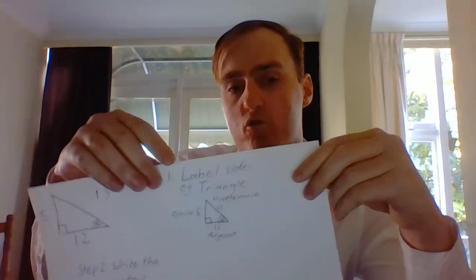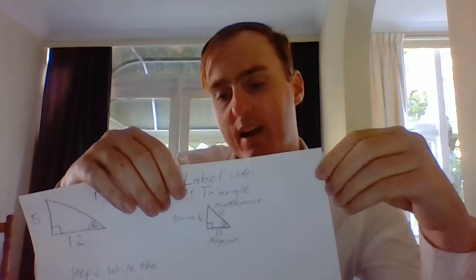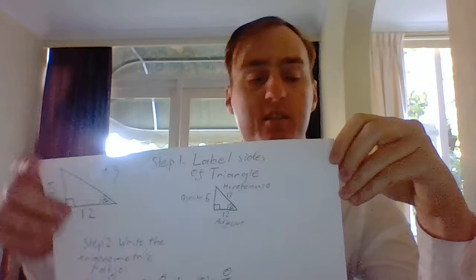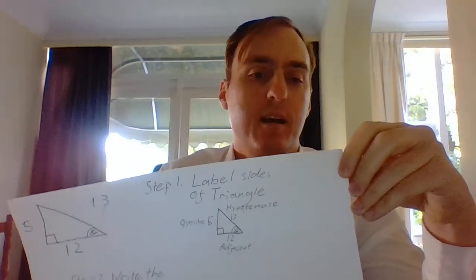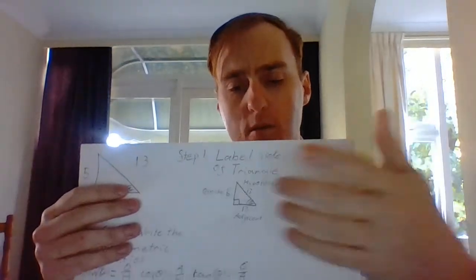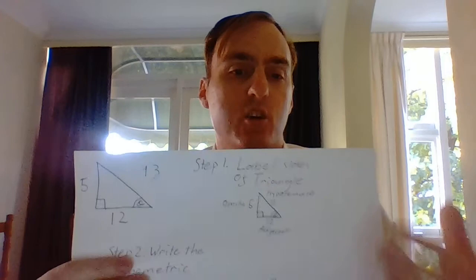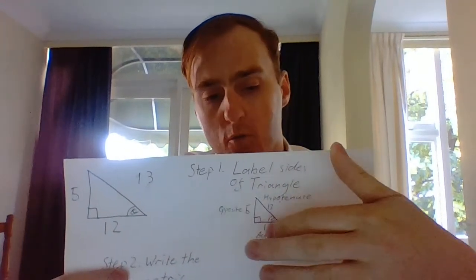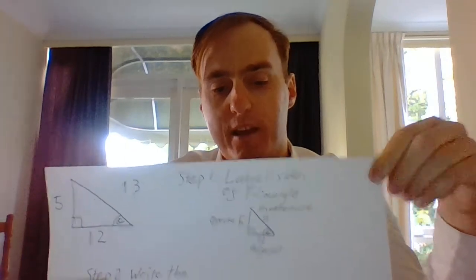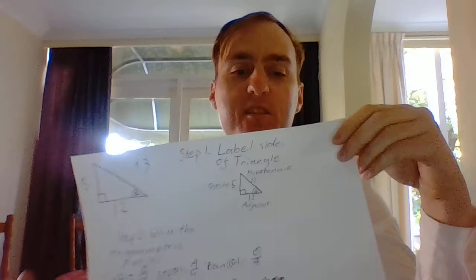So we draw our triangle, write in our side lengths, mark our reference angle, and then work out which ones are the opposite, the hypotenuse, and the adjacent. Now we know the hypotenuse is opposite the right angle, so it must be this one on the top. The opposite is opposite to the reference angle, angle theta, so it'll be side length 5 there. And the adjacent, we know will be on the bottom because it's next to the reference angle.